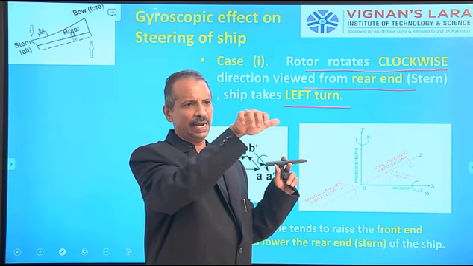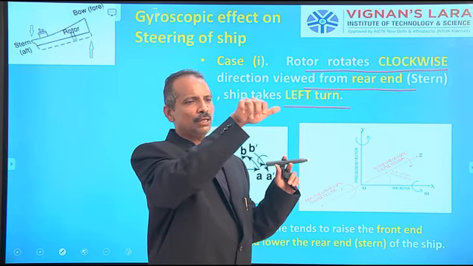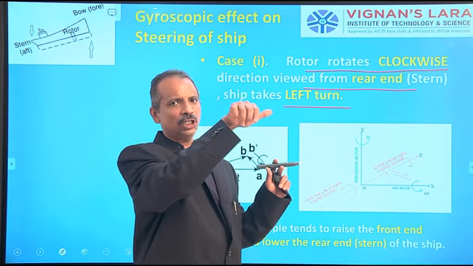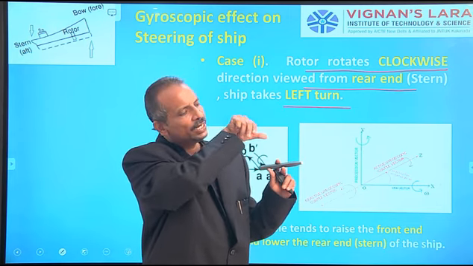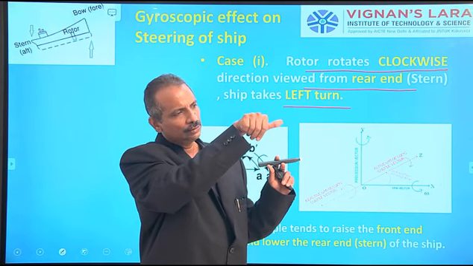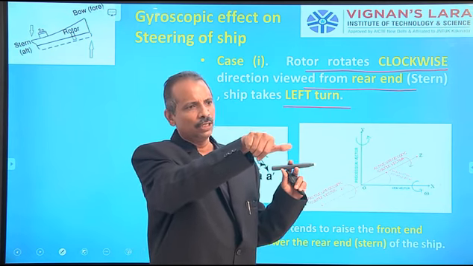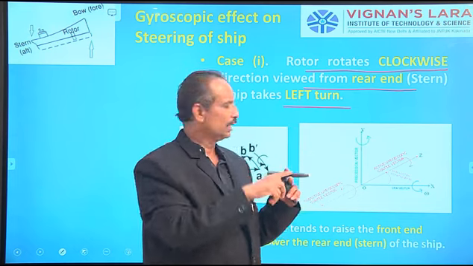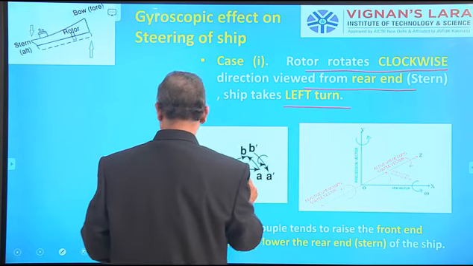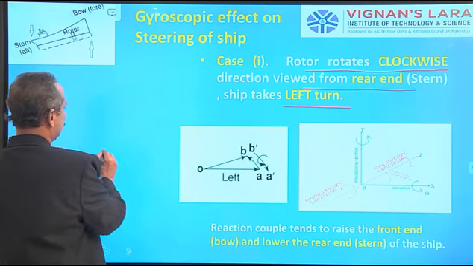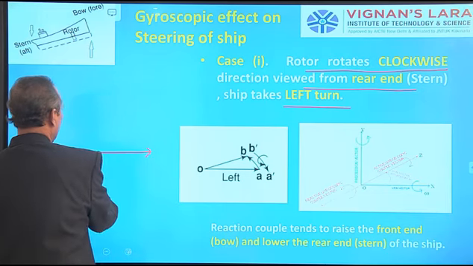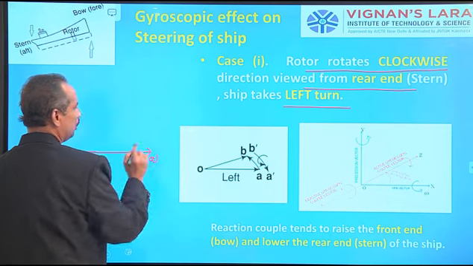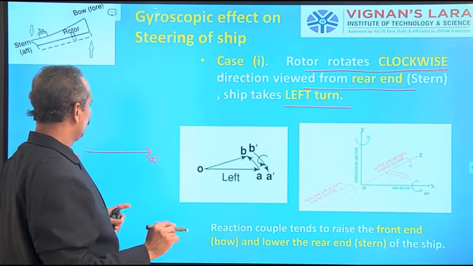Keep your 4 fingers in the direction of rotor rotation, I am looking from this side clockwise, then my spin vector is moving towards the right. That is the initial position of my spin vector.